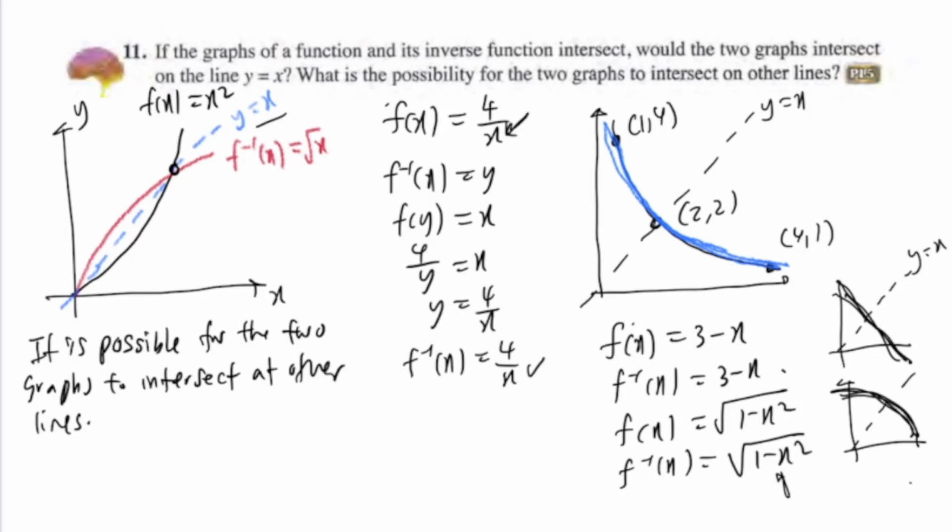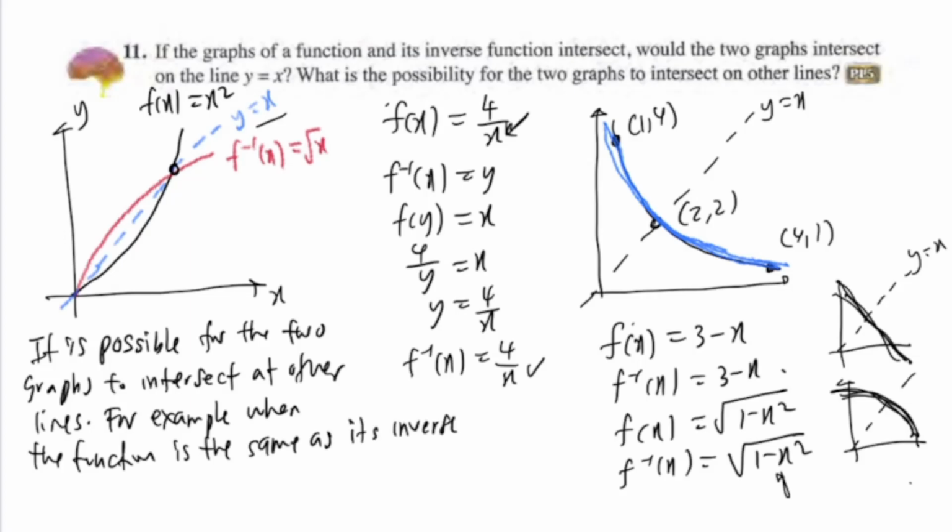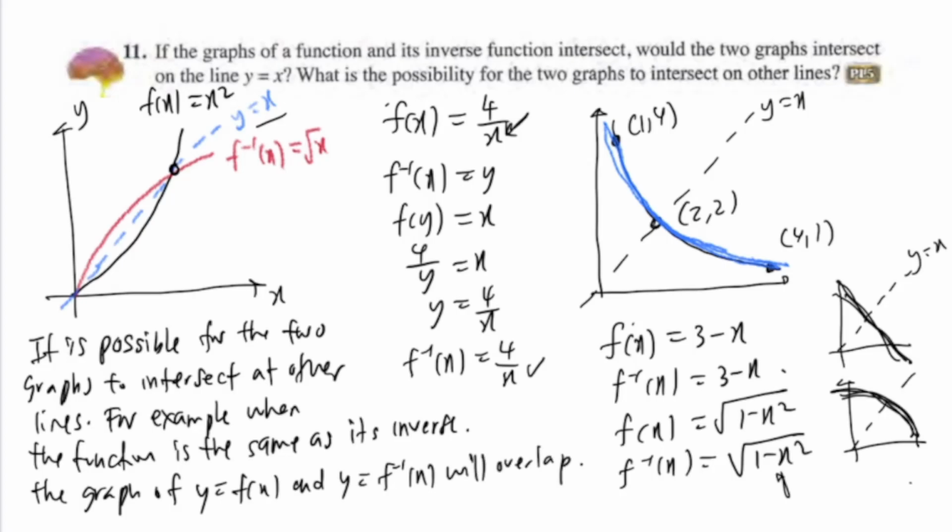For example, when the function is the same as its inverse, the graph of y equals f(x) and y equals f inverse will overlap. Okay, so they will actually intersect at more points.